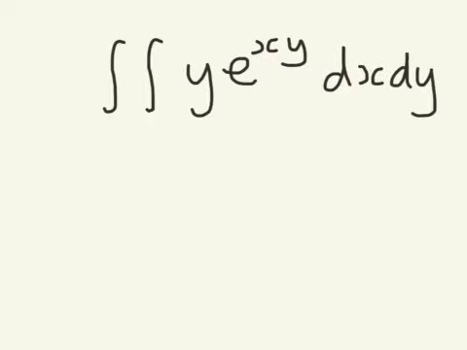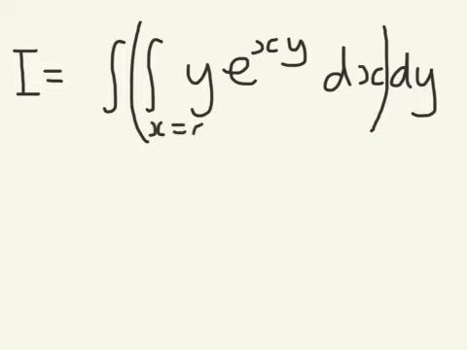So let's call this integral I, and if we remember, we are going to first evaluate the inner integral, and the limits we've got on this are from x equals 0 to x equals 1. Then we'll evaluate the outer integral from the limits y equals 0 to y equals 1.